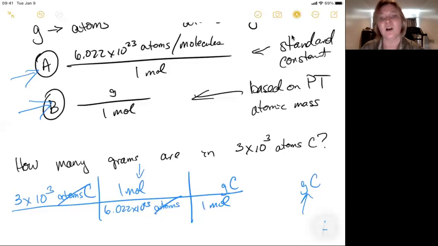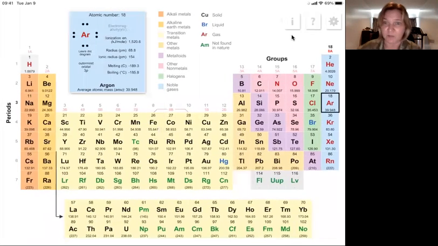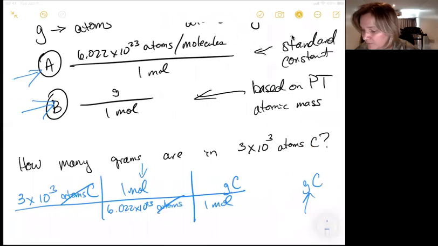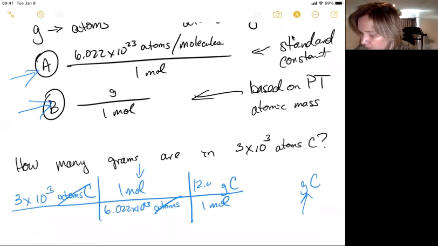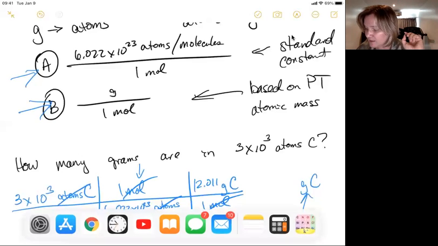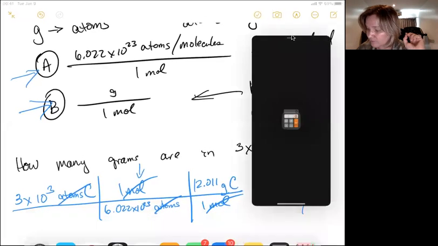I need grams of carbon at the top, but I need to go to my periodic table. I go to carbon and the average atomic mass, 12.011. So I go back and put in 12.011. I cut my moles, and here's where it's very important to keep your numbers straight. So I want a calculator.